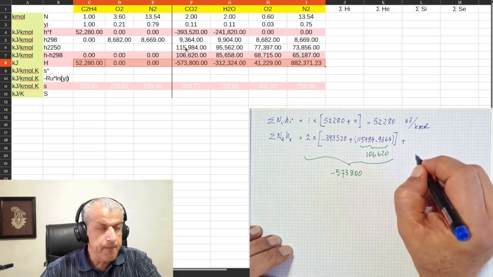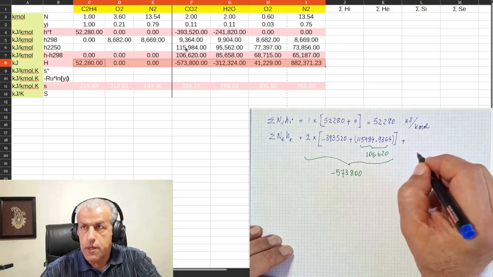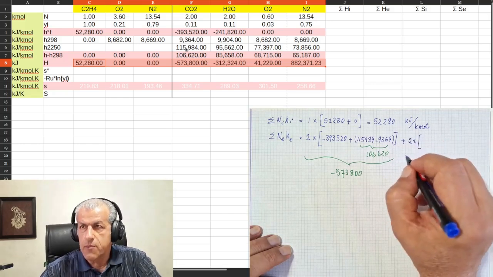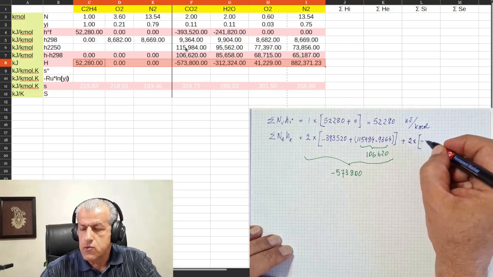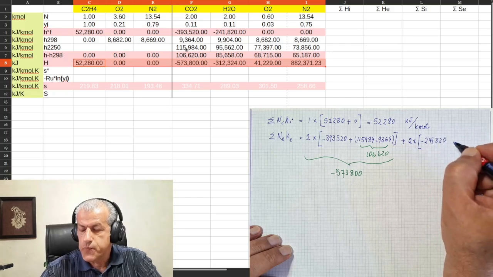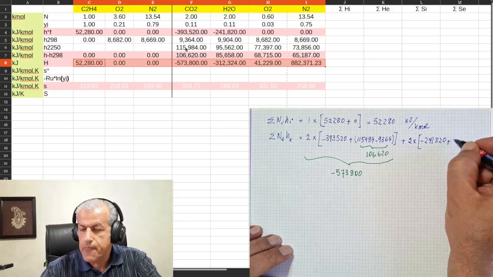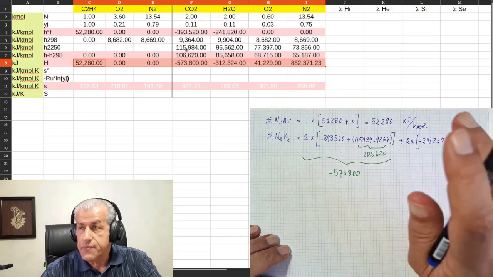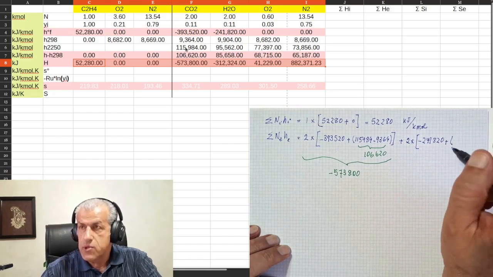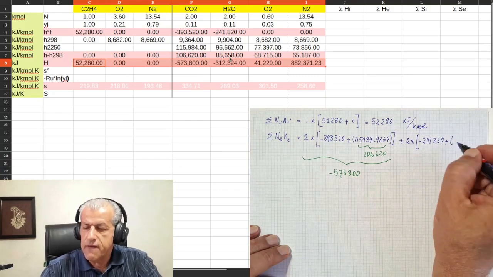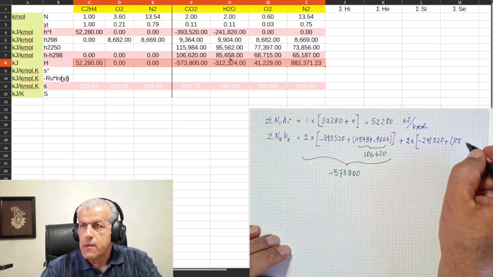As for H2O, there are 2 moles of H2O, so it would be 2 times the enthalpy of formation, which is minus 241,820, plus the change of enthalpy, which is 95,562 minus 9,904, and the outcome is 85,658.